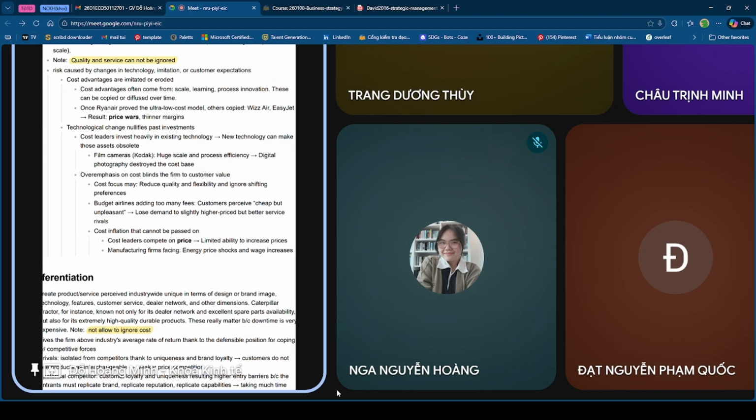So the firm with the cost advantage relies on modern technologies, on modern facilities and equipment. However, when technology changes, it can make your modern facilities and equipment obsolete, right? So at that time, your firm has no cost advantage anymore.